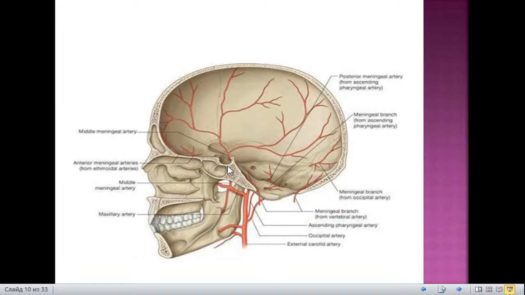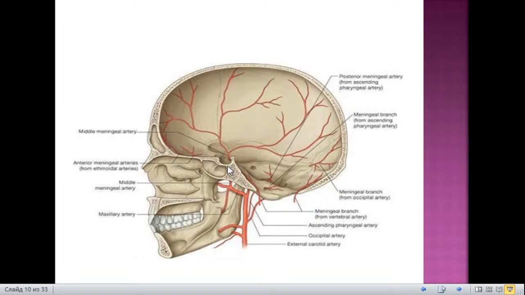So this artery originates from the maxillary just beside the temporomandibular joint, and this artery goes to the spinous foramen at the base of skull. But just before it enters spinous foramen, artery gives off an accessory branch.